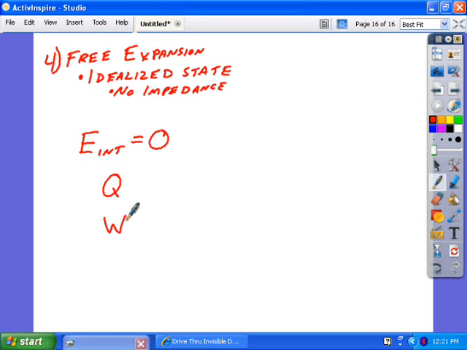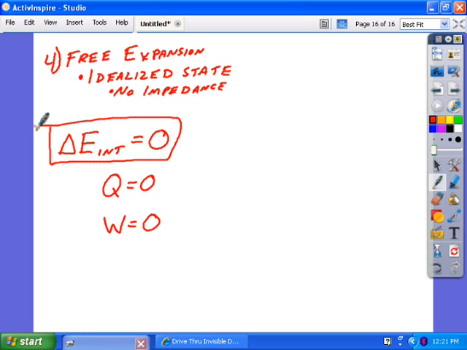There's going to be no work because there's nothing to press against. Literally, it throws everything to zero. But the way that we write it out in most cases is this guy right here. The change in internal energy is going to equal zero. All right?